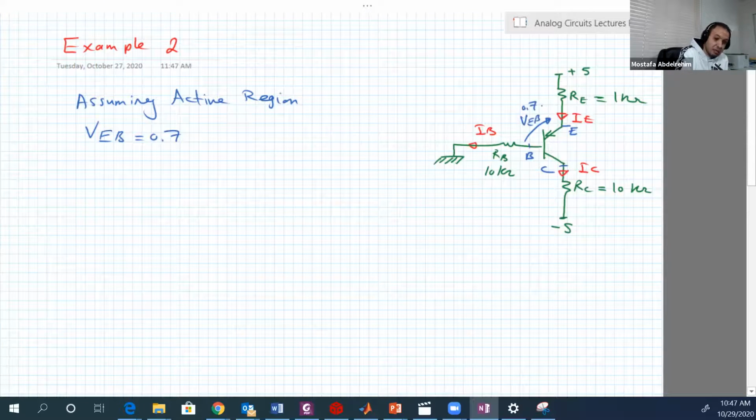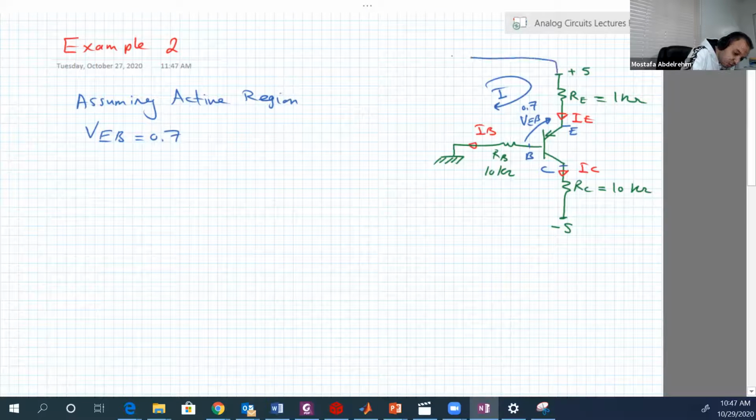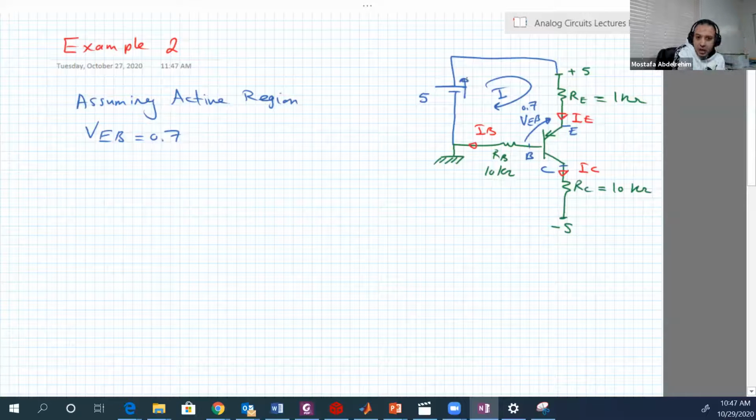We're going to use the same loop again, loop 1. To make it clearer, we can draw the actual connection by replacing this 5 by a battery, which is 5. Just by looking, there is a source that can provide VEB, this junction with 0.7, so it's either active or saturation.